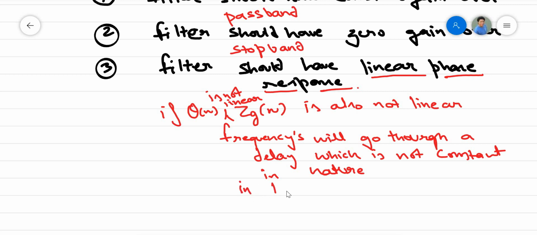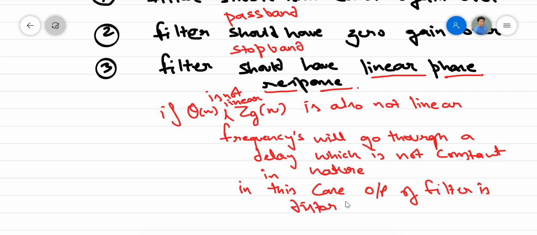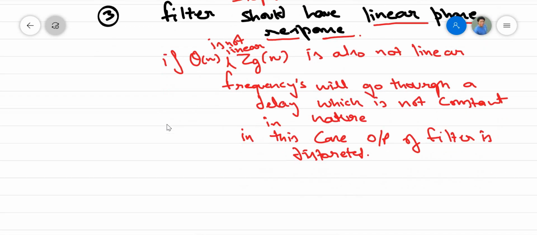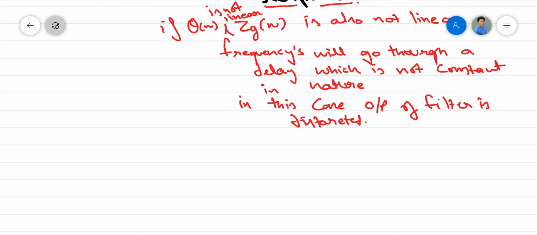In this case the output of the filter is distorted, right? So it is very important for us to understand that our filter should have a linear phase.